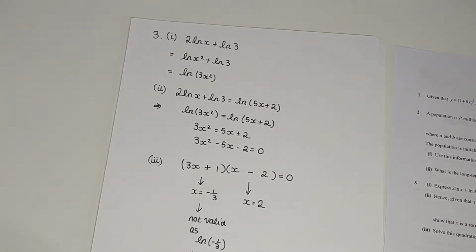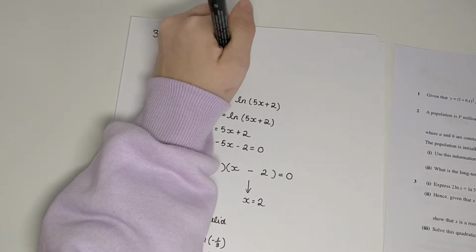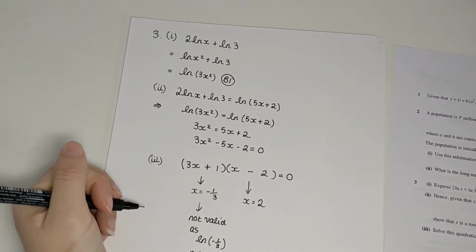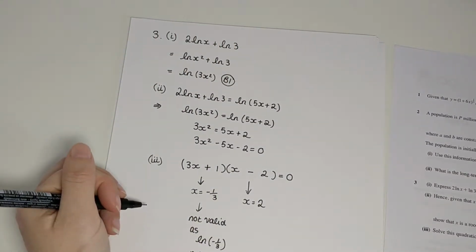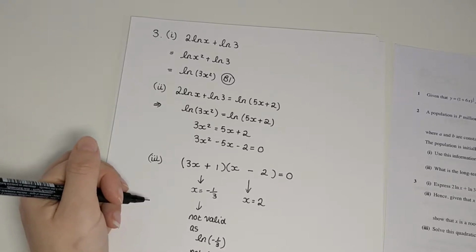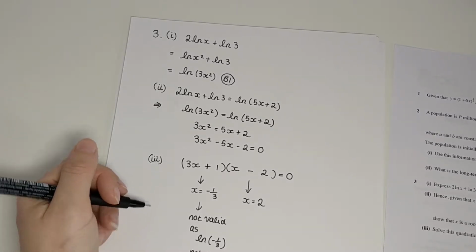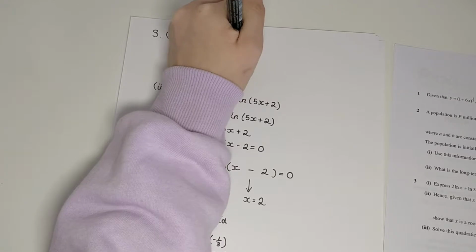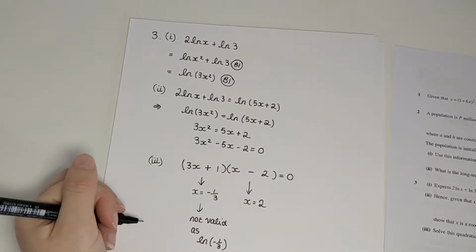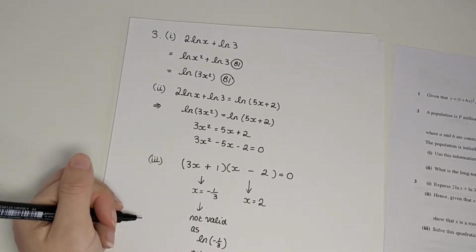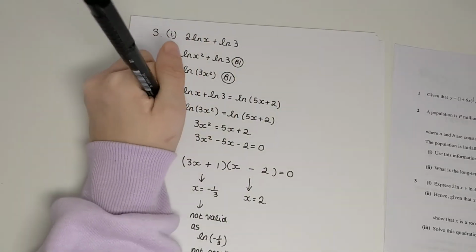So, part 1, we're going to get B1, just for that. We're going to get 2 B marks for this: a B1 for moving the power, and B1 for doing the product. We're going to get M1 for anti-logging.